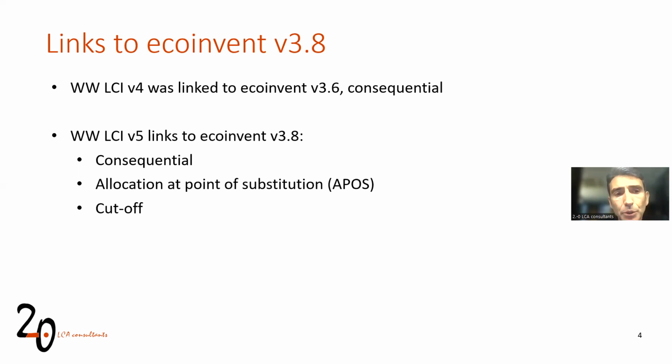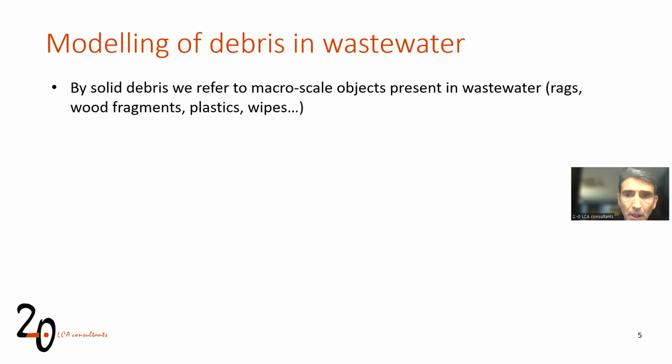So it is possible to use the consequential, the allocation at point of substitution, or the cutoff versions of the ecoinvent database. That's all about ecoinvent, and now let's jump to the next topic, which is the modeling of debris in wastewater.